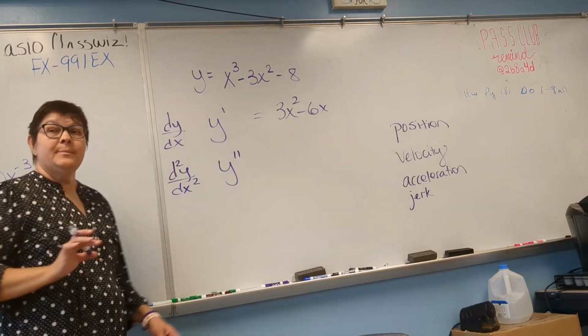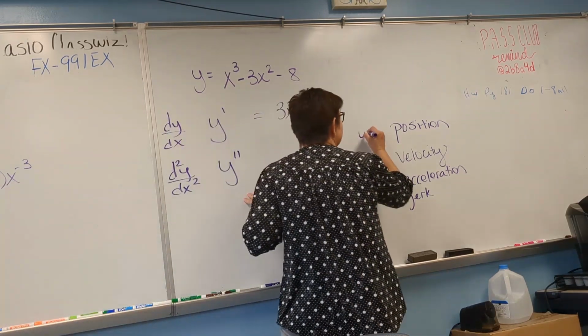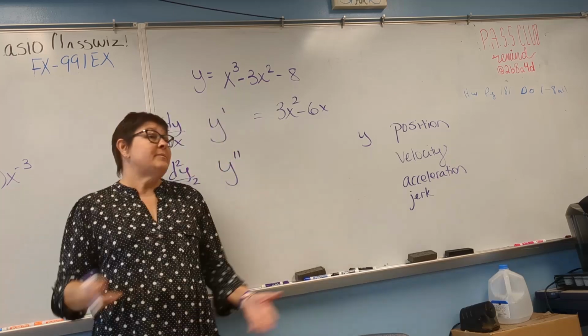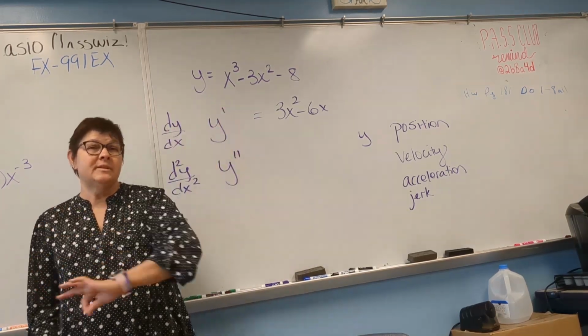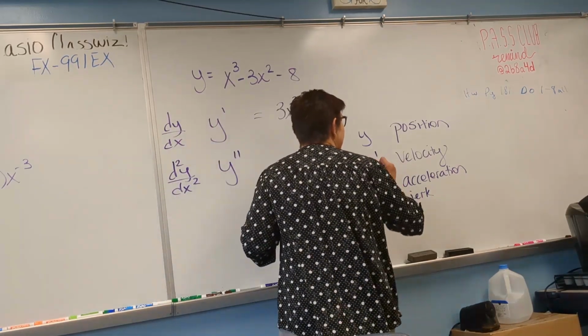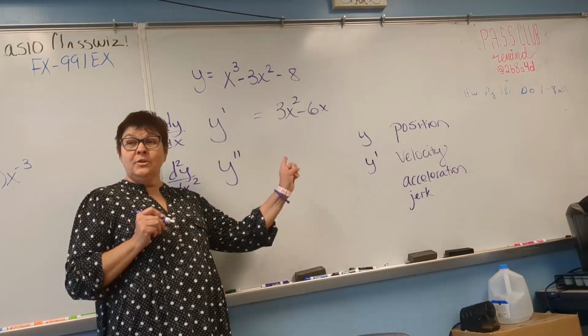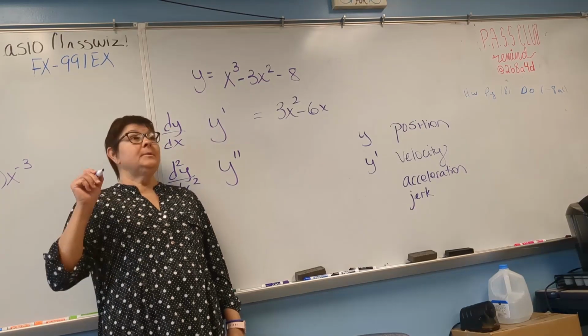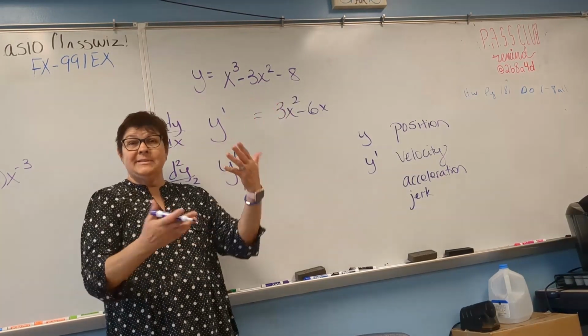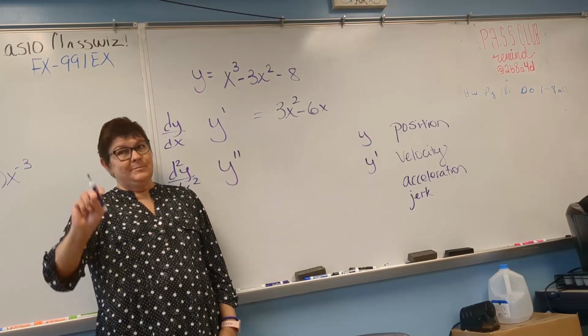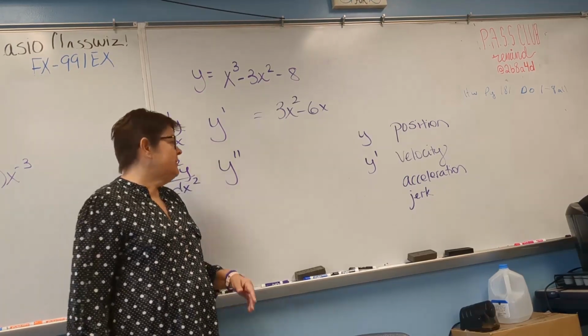Okay, so position is your y, it's your f of x, it's your function, whatever that is. The change of position is your velocity. It's your y prime. So if you are given a function in physics and they want you to know the velocity of it, take a derivative of it. Plug in your value. You'll have your velocity.